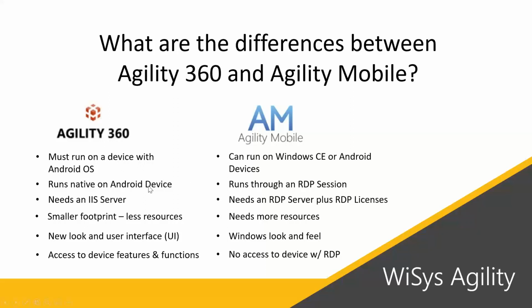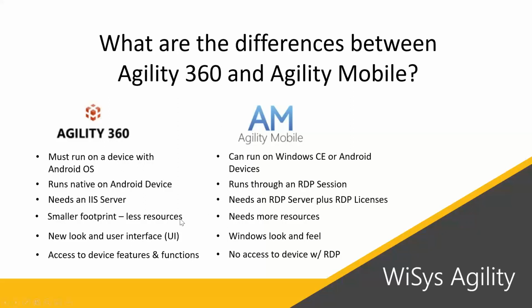So we run on the native Android device, so it's not an RDP session like Agility Mobile would use. In this case, we are using an IIS server to connect your Wisys WMS solution, instead of an RDP server, which would require you to have certain RDP licensing to handle that. You will not need that any longer.